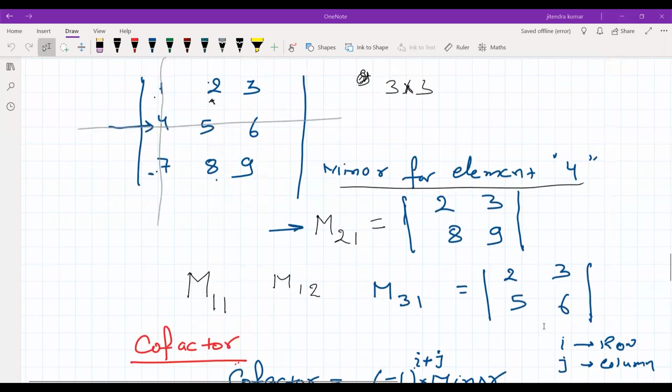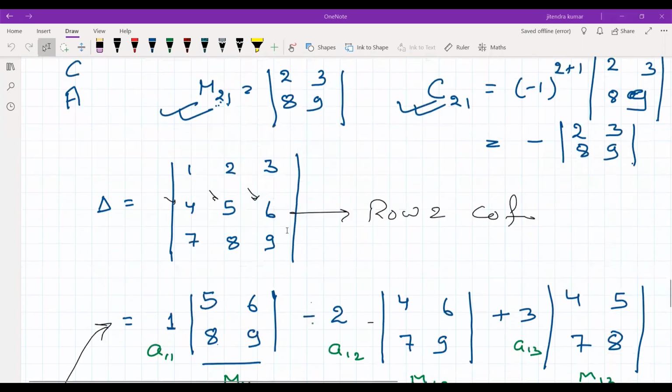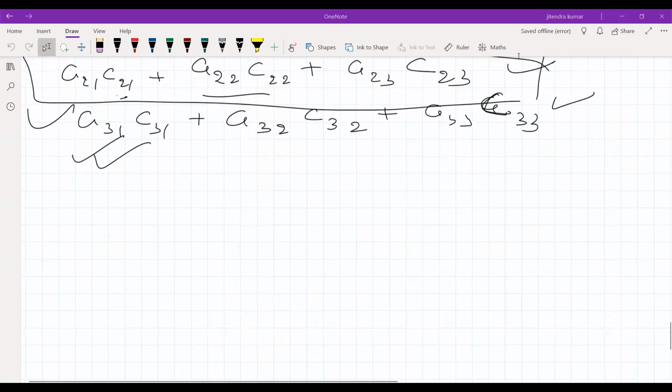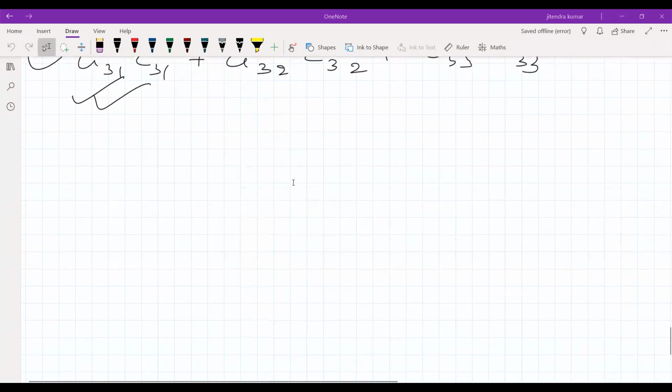Okay, so we have covered the two exercises. Now it's adjoint and inverse. So let's start with the adjoint. Inverse we will discuss in next class, but let's discuss the adjoint part today.